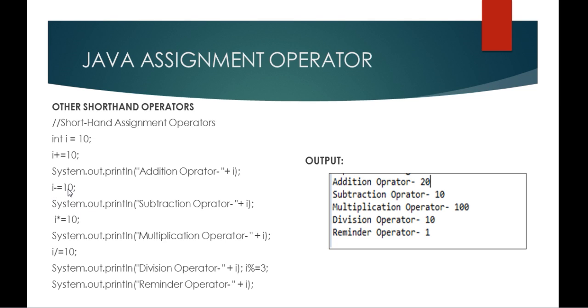Okay, i minus 10, so 10 minus 10 will be 0. And then, for our multiplication, 10 times 10 is 100. And then, division, 10 divided by 10 is 1. And for our remainder, 10 divided by 10, wala naman siyang remainder, so that will be 0.